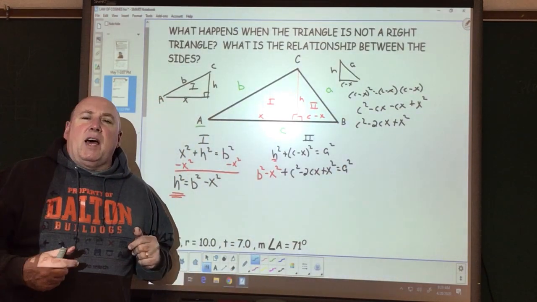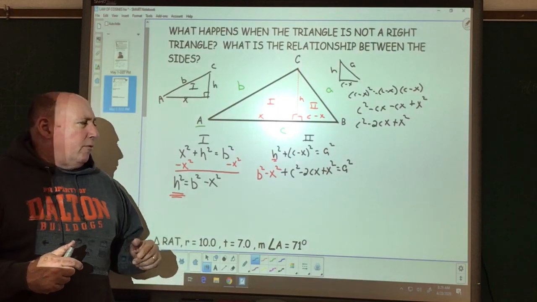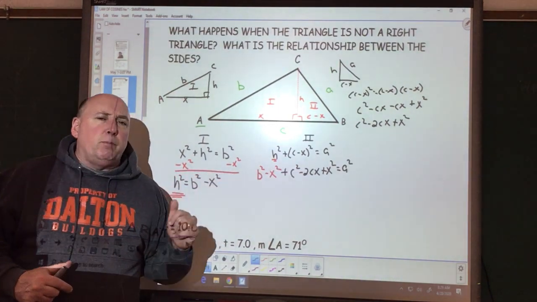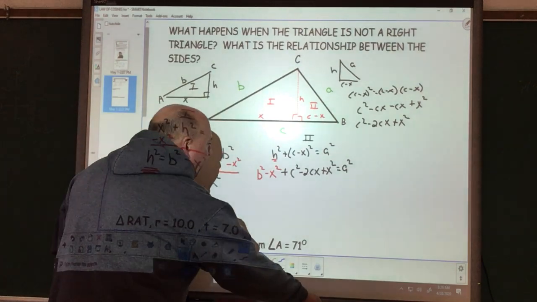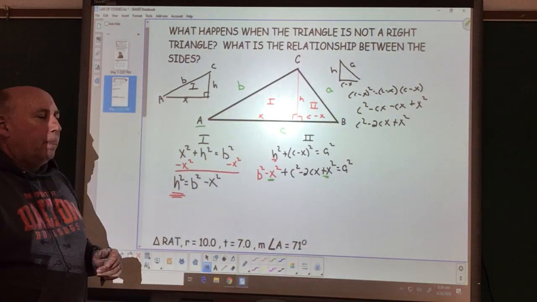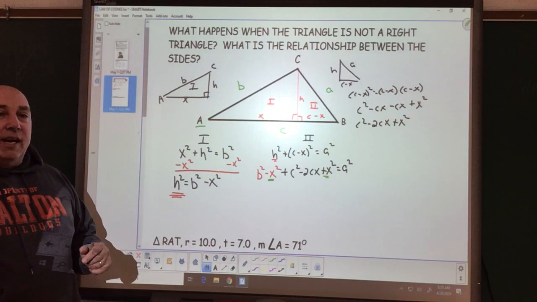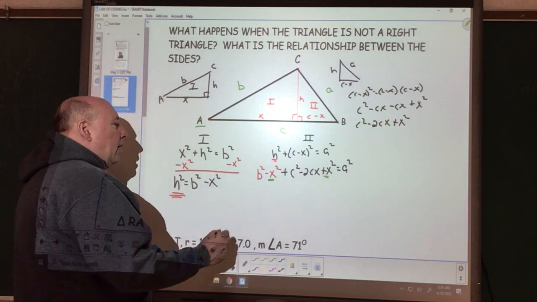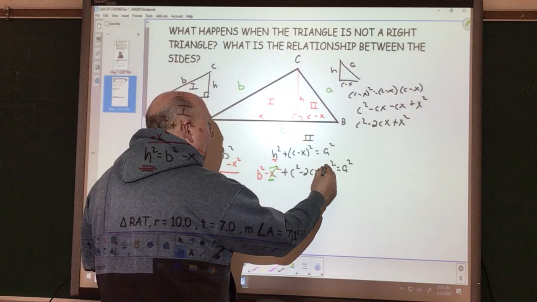Once again, just a lot of algebra going on here. But if we take a look, when we do both of these things, I have a negative X squared and a positive X squared. If I have a negative X squared and a positive X squared, they will cancel out.